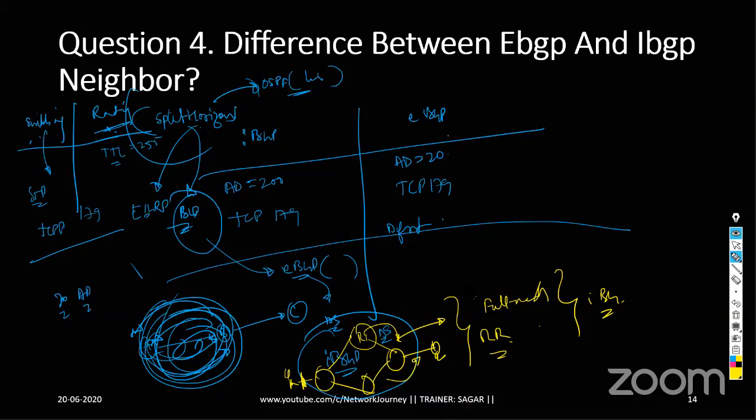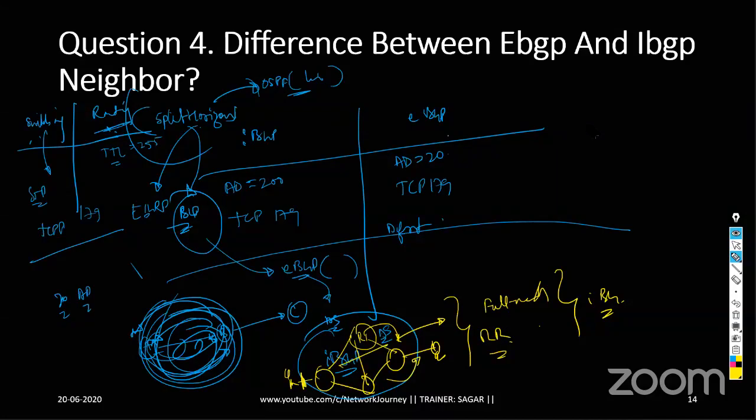IBGP says that if I get something from router A, that's going to be between me and that router A. I'm not going to send it to router C or router D. And due to this default behavior, router A cannot talk to router D. And to fix that, or to have complete reachability, we make use of full mesh. Full mesh is something where all routers are connected virtually.